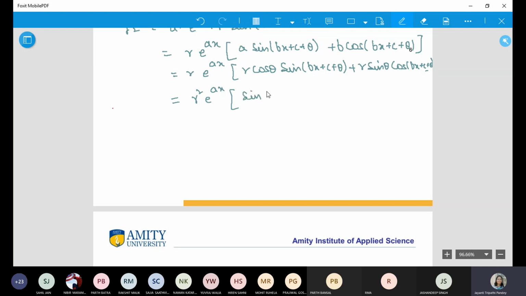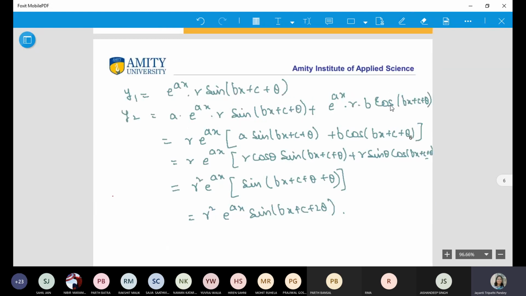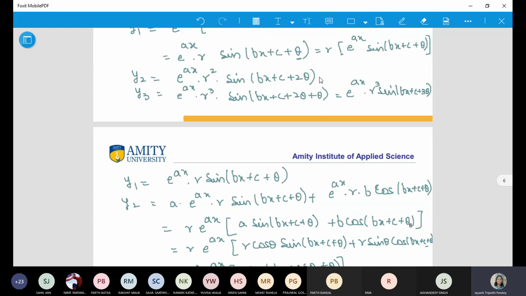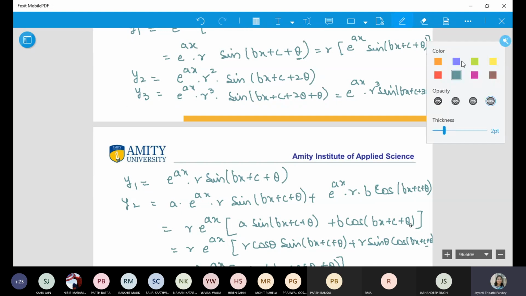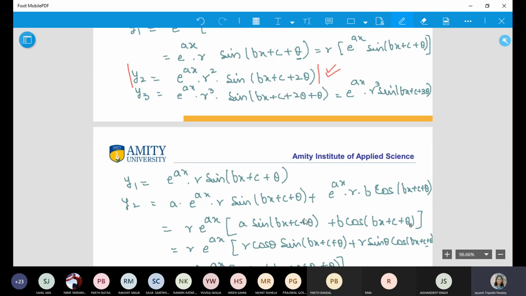So that will give you sin(bx plus c plus theta plus theta). And if you check, this is the same as this one. Are you able to see? Yes, ma'am. Understood?